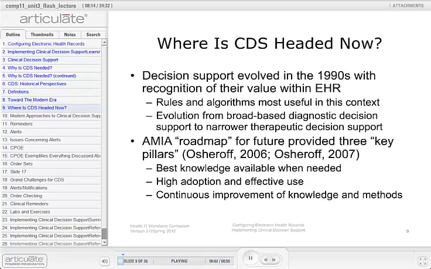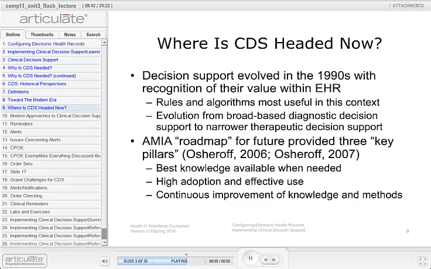Currently, decision support evolved in the 1990s in tandem with the growing use of electronic health records. Rules and algorithms were actually found to be quite useful, and they are currently used in modern systems, although not in a diagnostic decision support way. Again, there was an evolution from broad-based diagnostic decision support to more narrow therapeutic decision support.